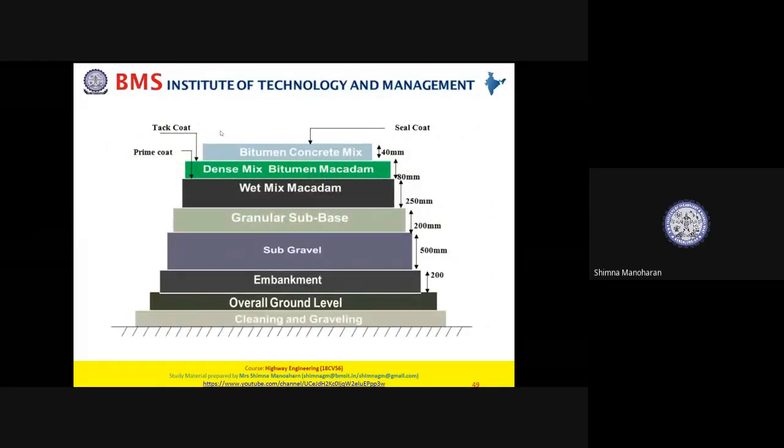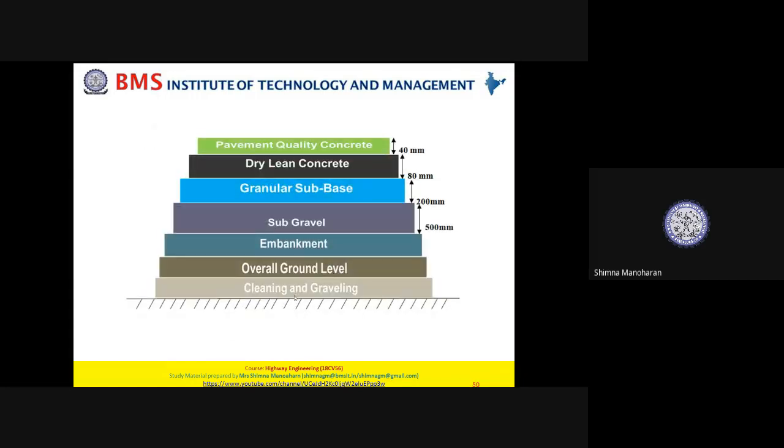So this is how a typical cross section of a flexible pavement looks like. You have the clearing and grubbing, then you have the overall ground level. Over this, you have the embankment, then the subgrade, the granular subbase, then the wet mix macadam. You know what macadam is, right? Then you have dense bituminous macadam, and then the bituminous concrete mix. Whereas for a rigid pavement, you can see the difference here.